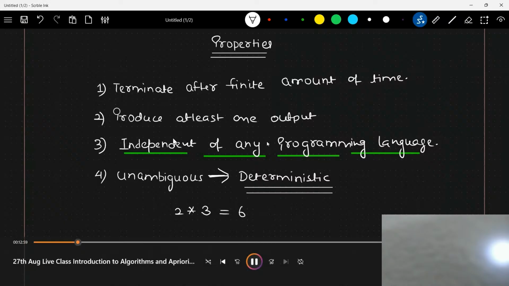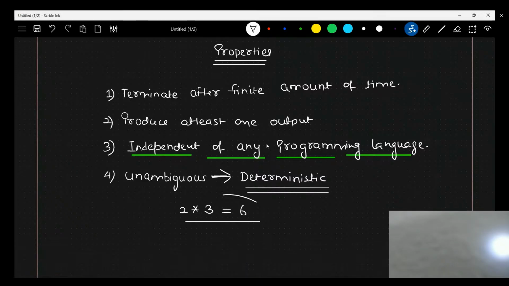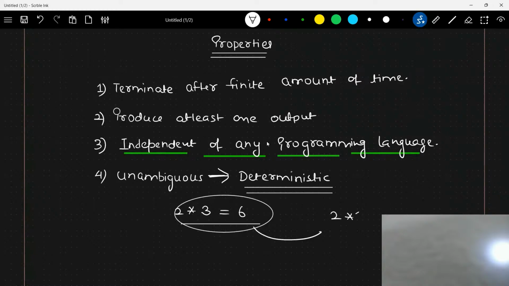Today you are getting the output as 6. Now if you run the same code 2 days later, 2 into 3, you are again getting the same output. You should get the same output, right?